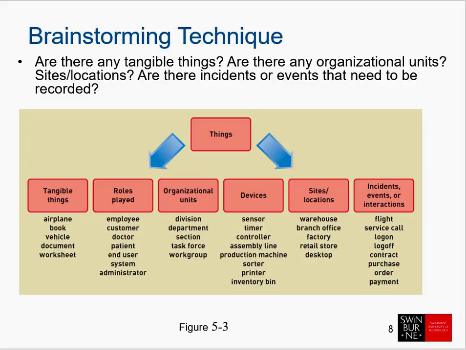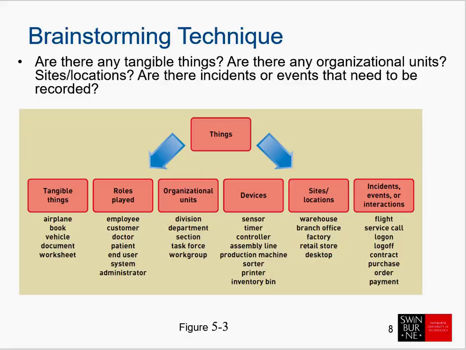Another common type of thing in an information system is the different roles played by a person, such as an employee, a customer, a doctor, or a patient. So the role of customer is obviously a very important one for our Ridgeline Mountain Outfitters case study.